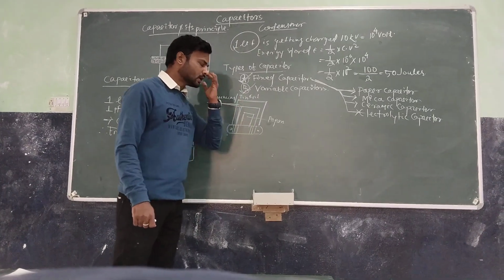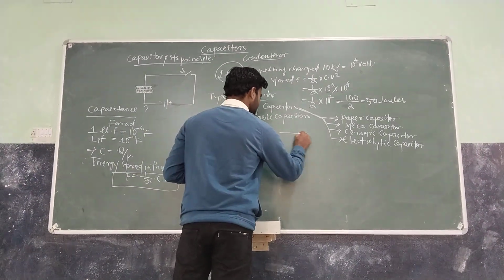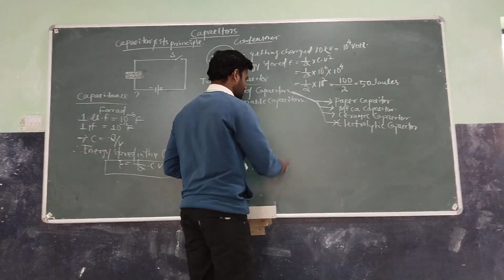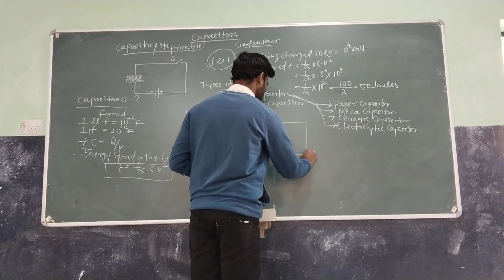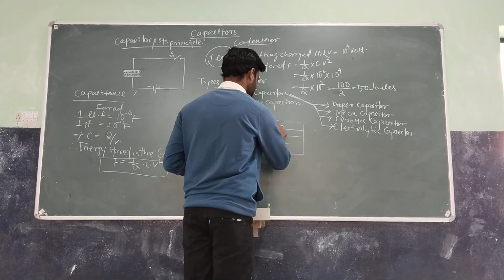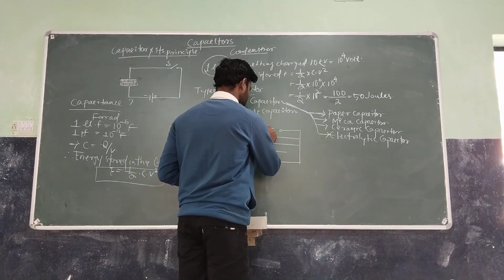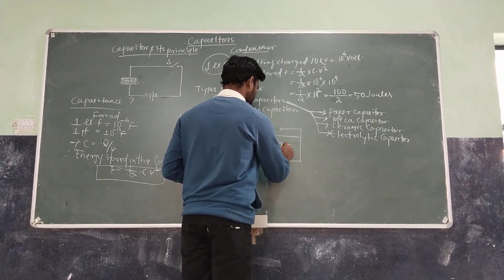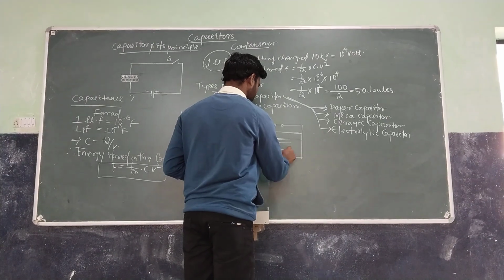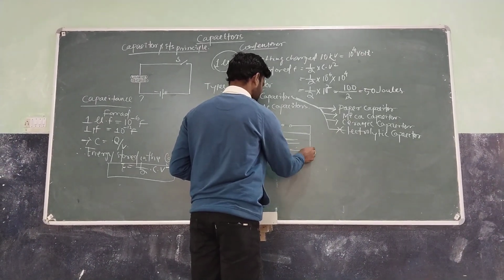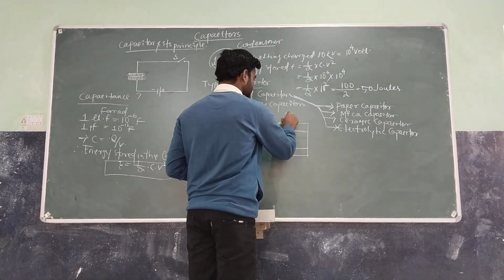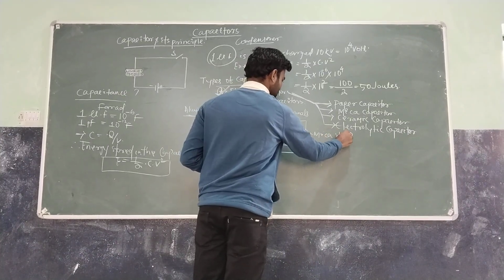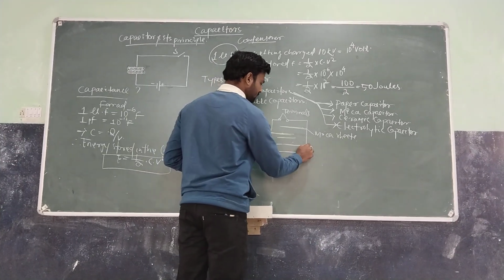And what is a mica capacitor? So these are the terminals, and mica sleeves, and conductor plates.